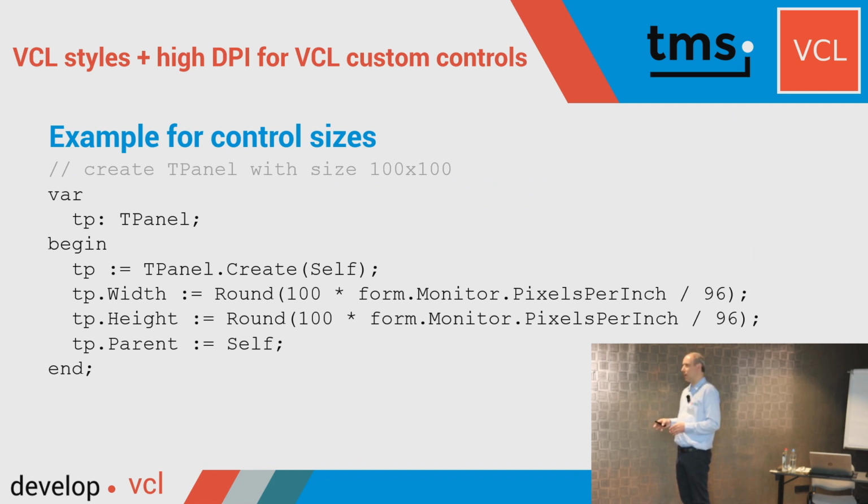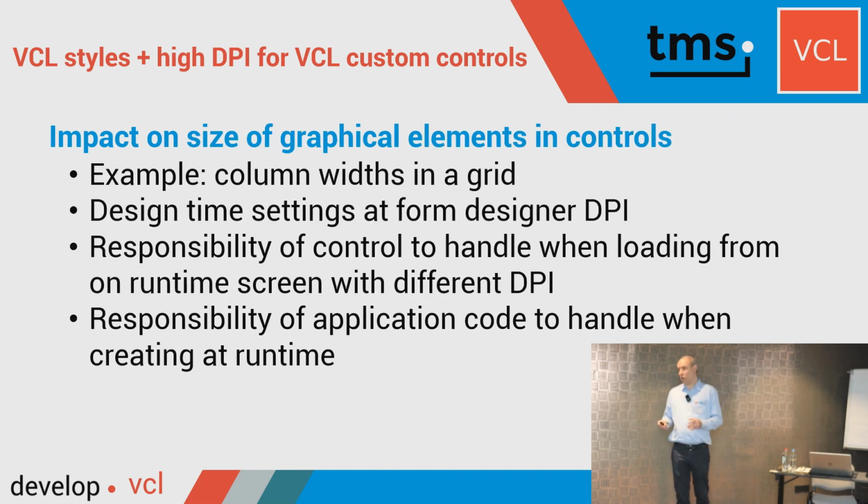I see a mix between these scenarios. So it's certainly something to pay attention to. It also has, of course, now we talk about the control size itself, but inside controls there can also be all sorts of elements with different sizes.